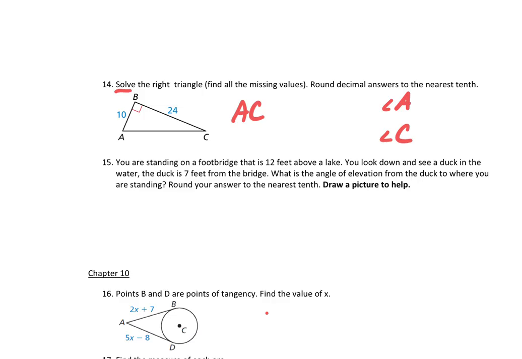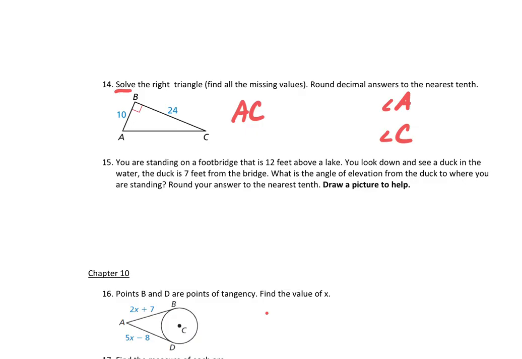Okay, AC is the hypotenuse here. We know 2 out of the 3 sides. So when I know 2 out of the 3 sides, then what would I do? What would be the best way to solve for AC here? Yep. If I know 2 out of the 3 sides and I have a right triangle, it's just a squared plus b squared equals c squared.